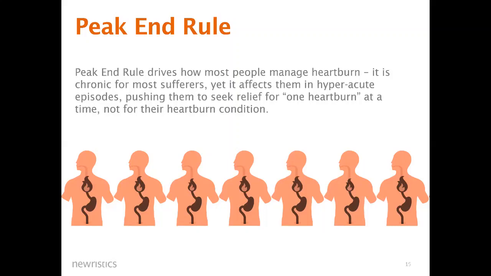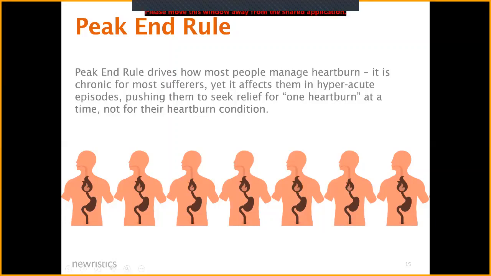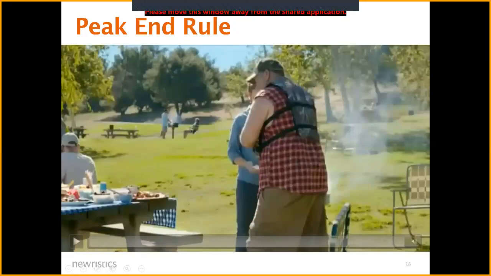And it's the peak-end rule that makes you just focus on that. Disney's peak-end rule is all about the positive memories at peak. Heartburn is about the negative memories at peak. It can work either way, but it's the peak that you're focusing on. And one of the leading brands in the heartburn category very smartly leverages this heuristic in their communication. So let's see how they do that.